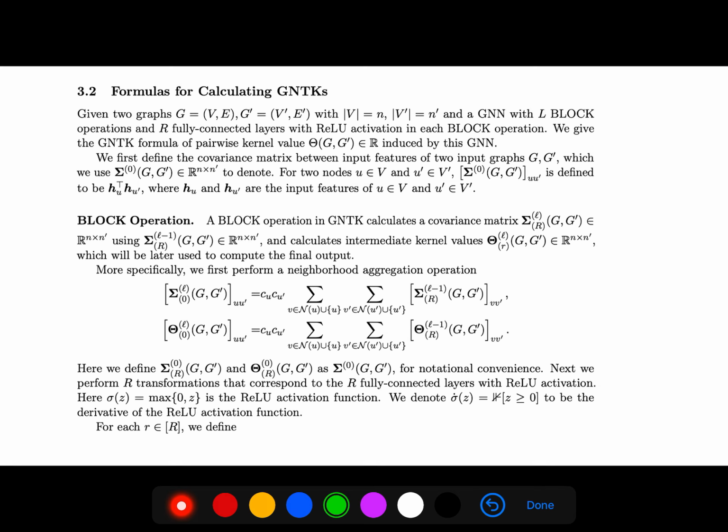So a block operation in graph neural tangent kernel calculates the covariance matrix. So we perform a neighborhood aggregation operation between two graphs G and G prime, because we want to create a kernel, the pairwise kernel value theta induced by this GNN.